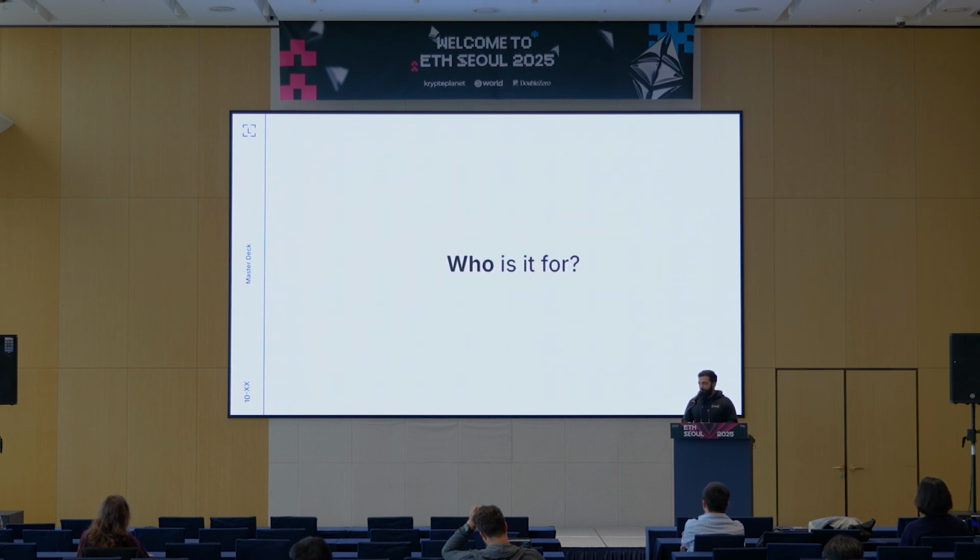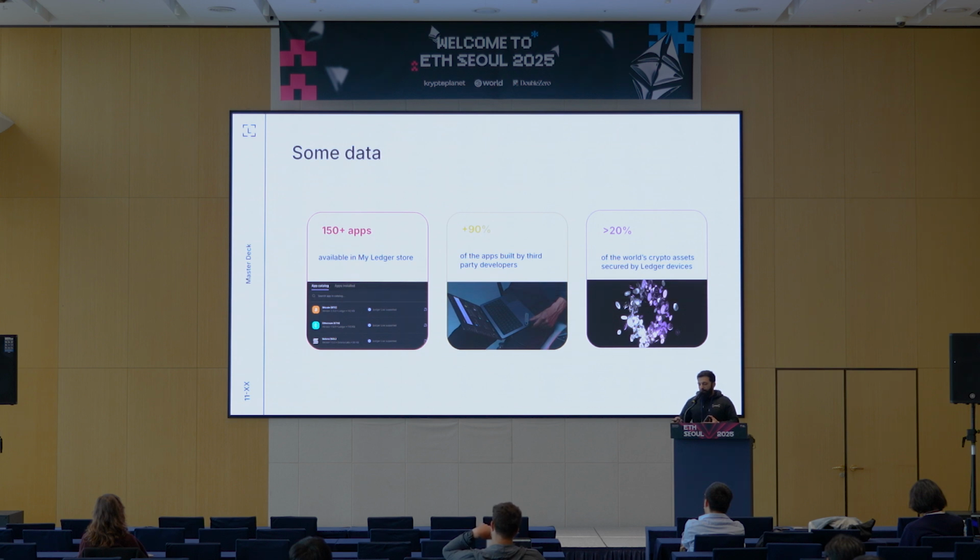So who is it for? As I said at the beginning, we try to ease our SDK to provide better integration for developers, partners, and for people who would like to build on top of us. On our store, each device application interacts with the chain. We have more than 150 applications on our Ledger store.